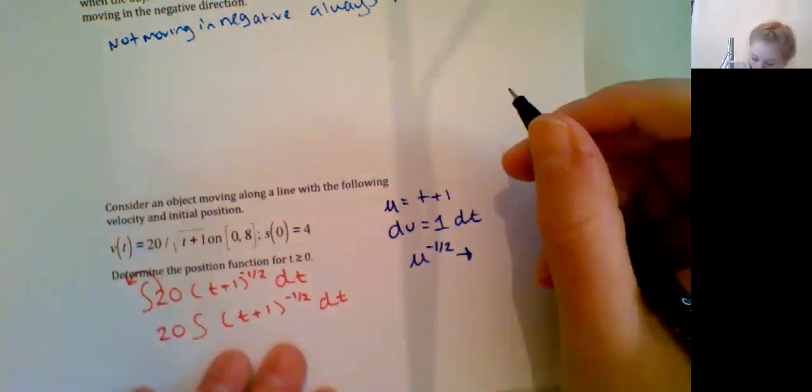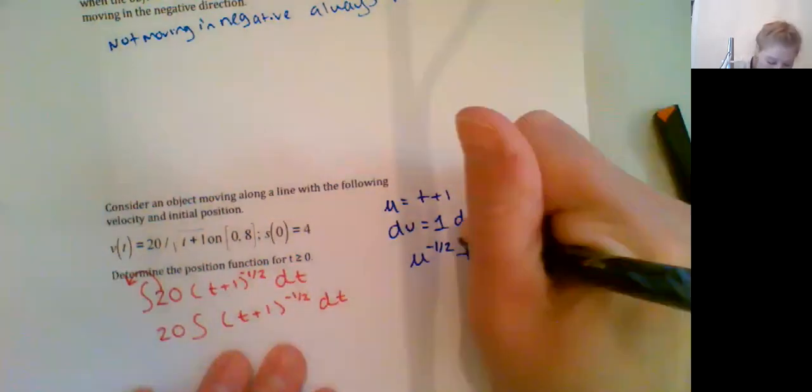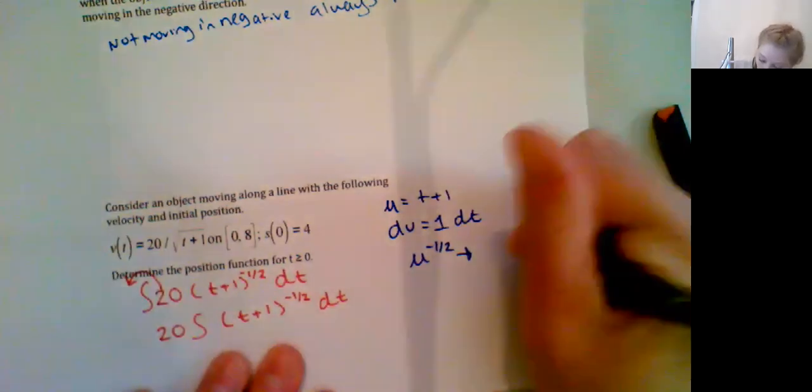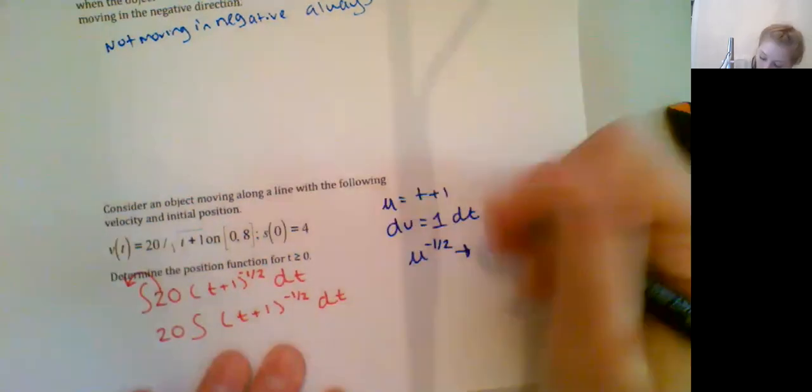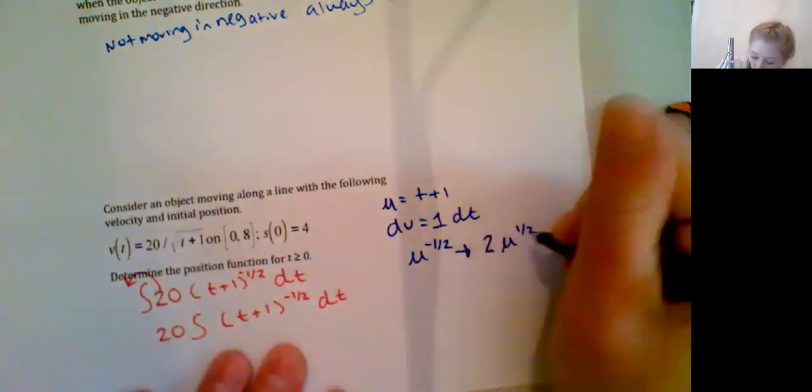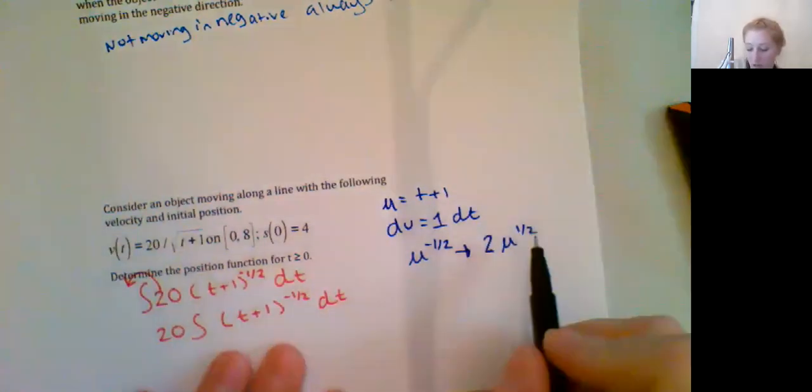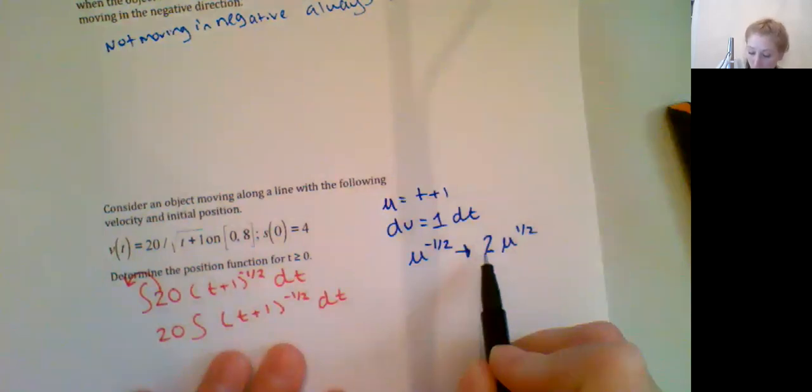And then u to the negative 1/2, if I'm going to integrate that, what we essentially are going to do is add 1 to the negative 1/2. So that is going to give me a positive 1/2. And since there was nothing left over, I know I'm going to need to multiply by the 2 so that that would go away when I then take the derivative. So 1/2 times 2 gives me 1, and that goes away.